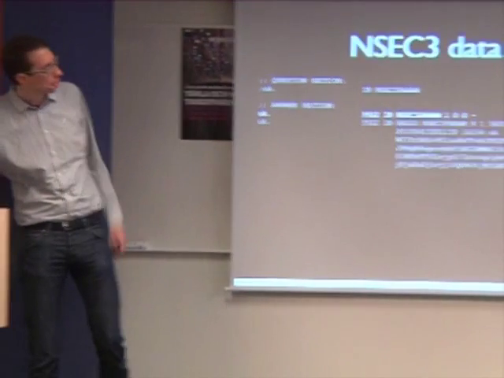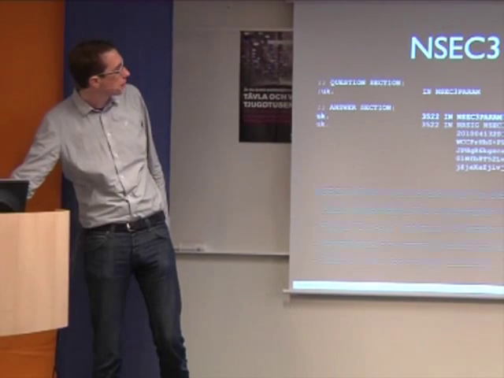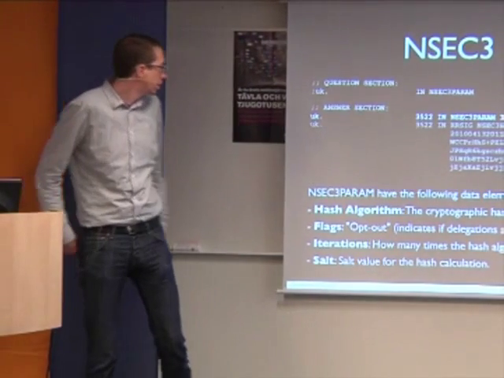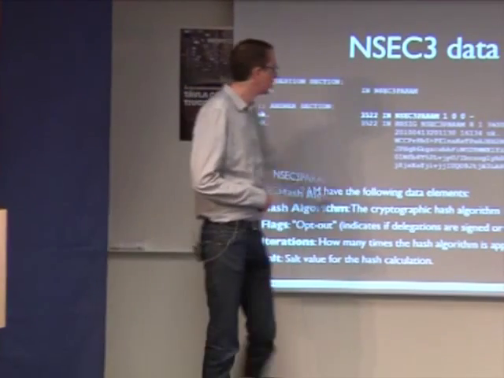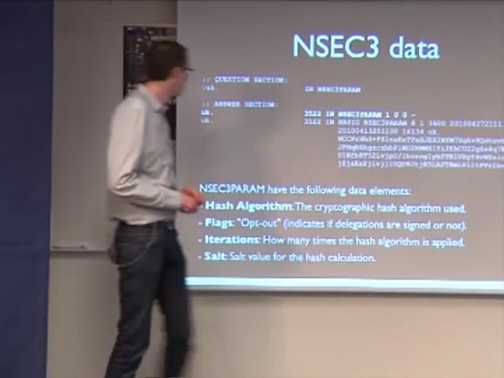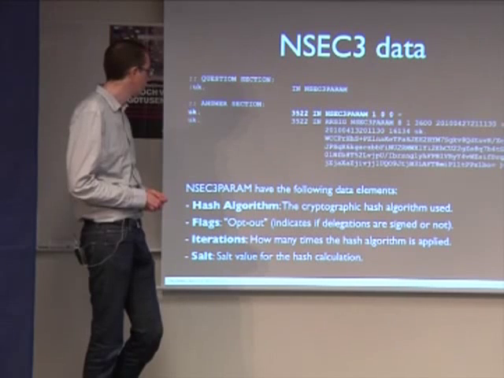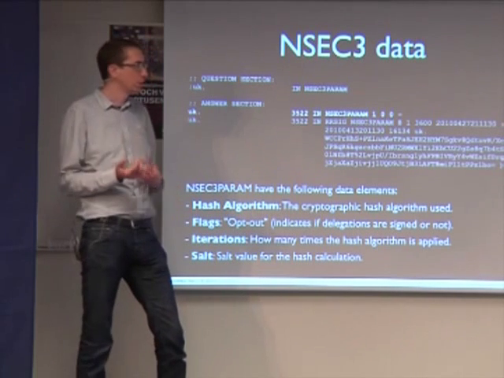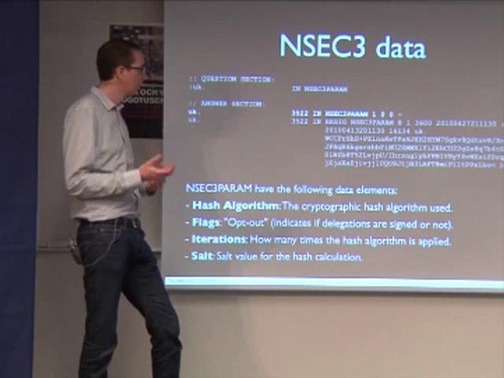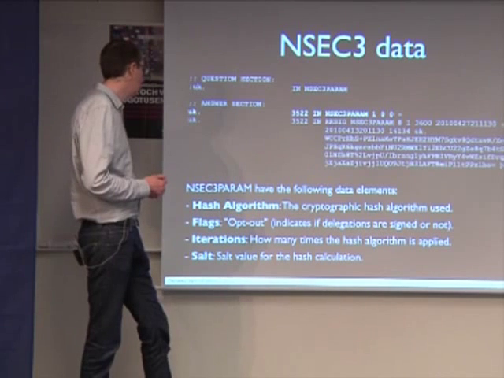So you can actually use NSEC3 just like NSEC. And there's a number of parameters here. You have which type of hash algorithm to use when you hash all these labels. You have flags, which means that you use opt-in or opt-out, which means how you generate signatures.